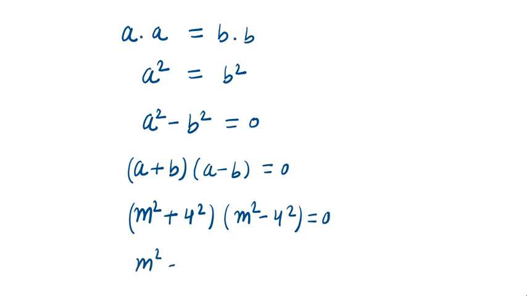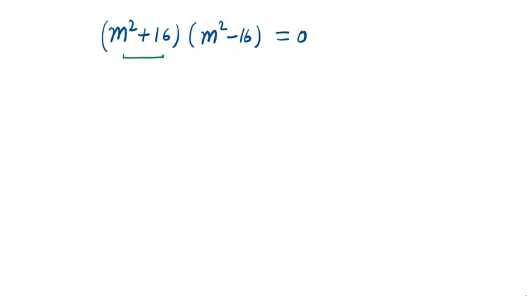M square plus 4 square is 16, multiplied by m square minus 4 square is 16, and this is equal to 0. Now m square plus 16 multiplied by m square minus 16 is equal to 0. On the left hand side we have the product of m square plus 16 times m square minus 16.